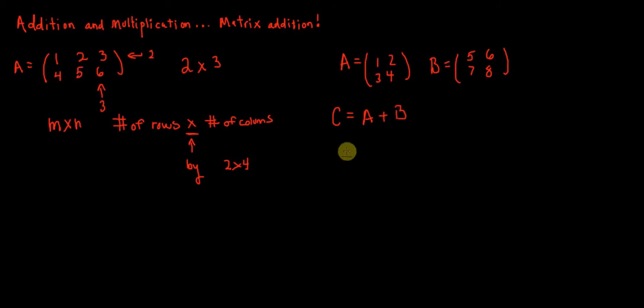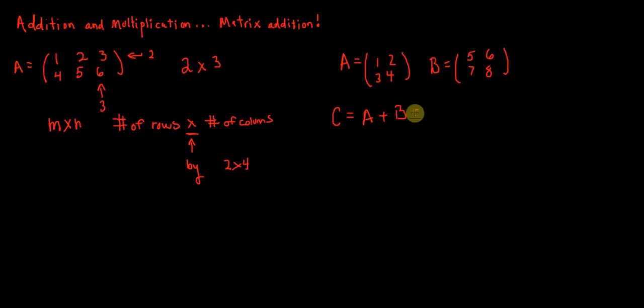Then, observe that matrix addition is defined because both matrix A and matrix B are 2 by 2. Let's go ahead and add these, which is pretty intuitive after seeing it once.